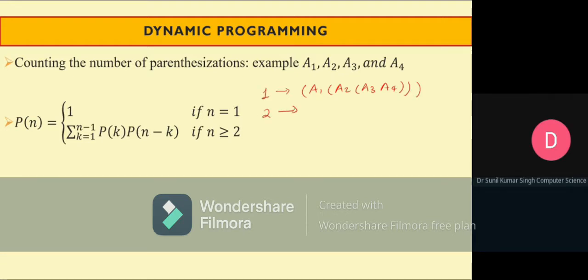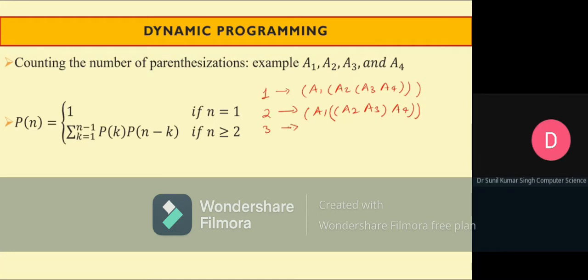Let's try another one. Maybe we multiply A2, A3 first, so here A1, A2, A3, and this A2, A3 we are going to multiply with A4, and then A1. So this is the second one.